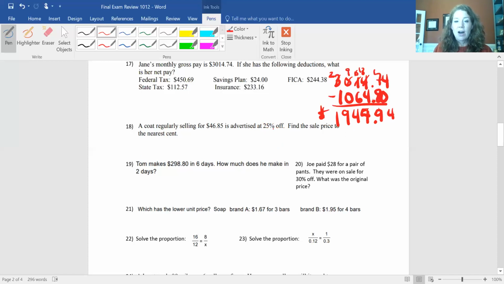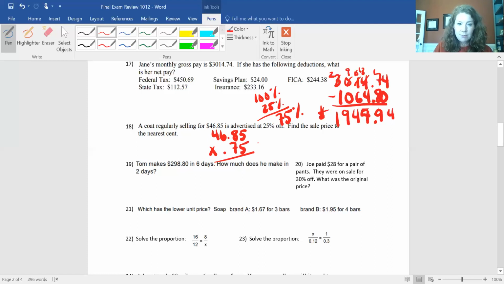So if they take off 25%, what percent of the price will we pay? Well, if we start out with 100% and we take away 25%, that means we're going to pay 75% of the cost. So we want to know what is 75% of $46.85.